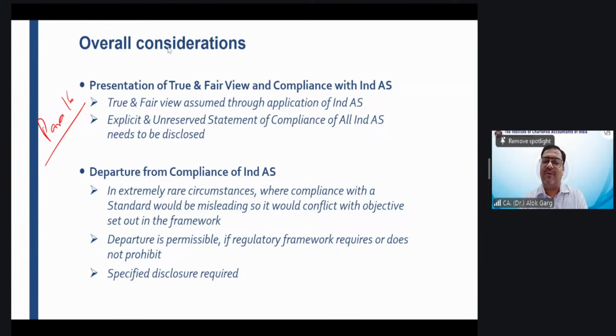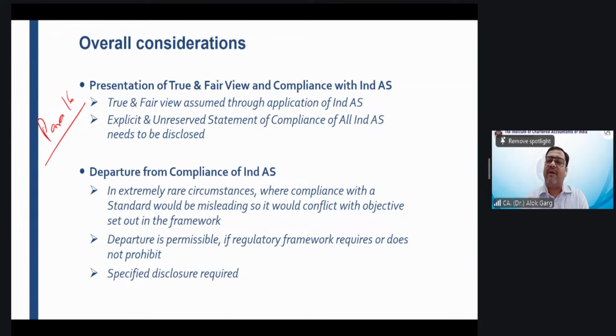Yes, you're absolutely right, Ravinder. Auditor. It is the auditor who writes in the audit report to the financial statements that the financial statements of the company reflect a true and fair view as they are in compliance with all the Indian accounting standards notified under section 133 of the Companies Act 2013.